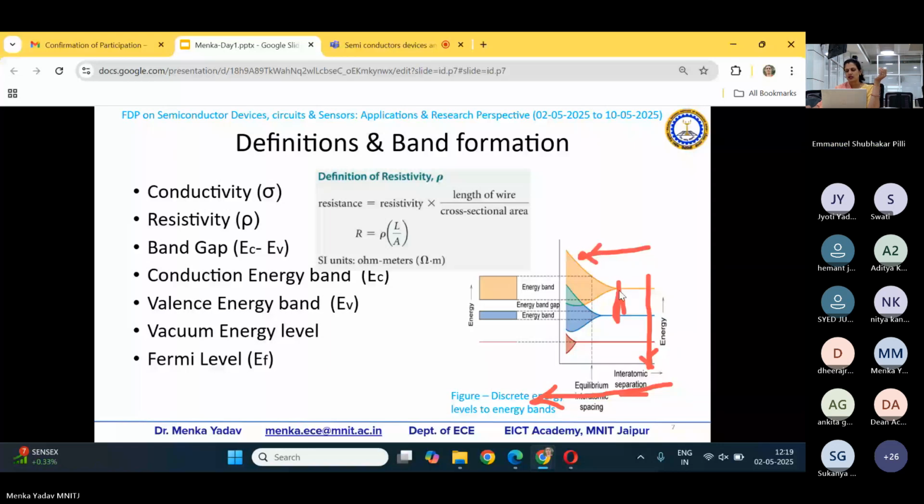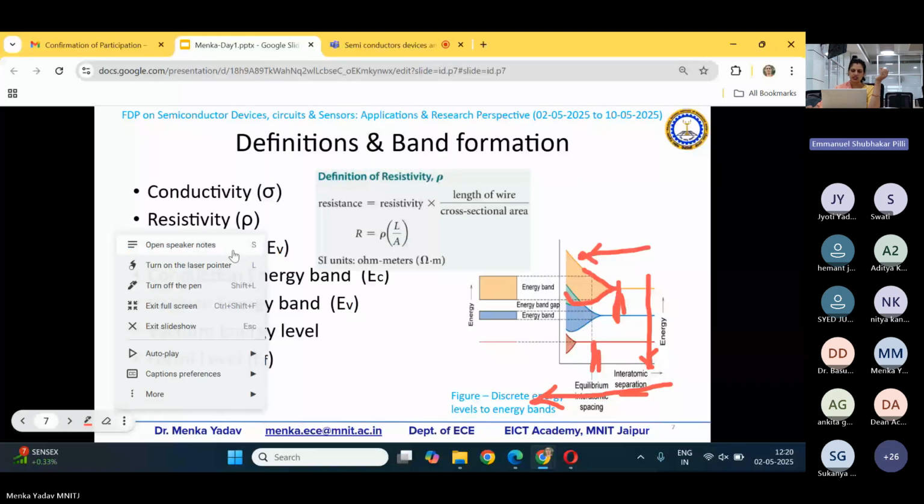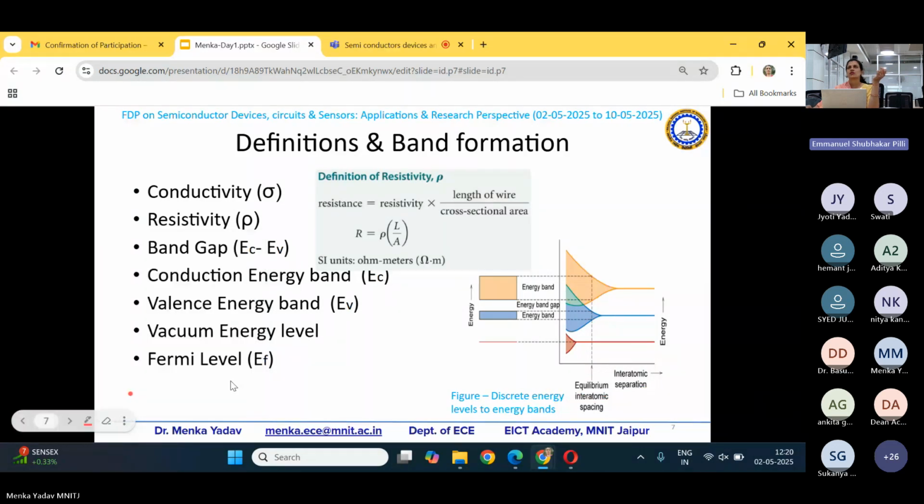And this is the particular distance which is known as the equilibrium interatomic distance, or interatomic spacing. At this distance, our most widely used semiconductor, silicon, will have approximately 5 angstrom spacing.